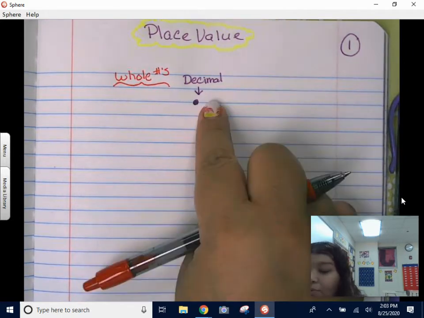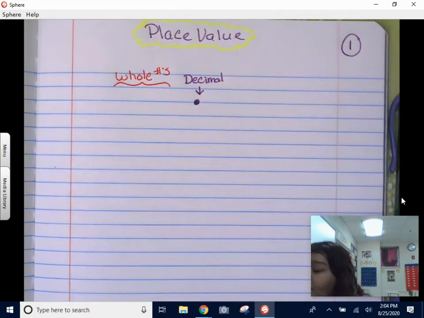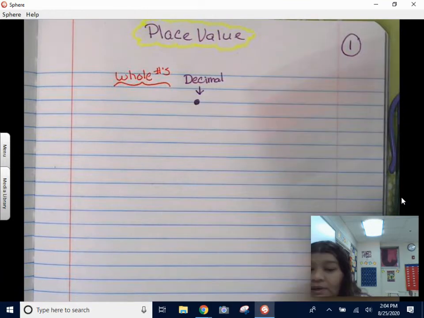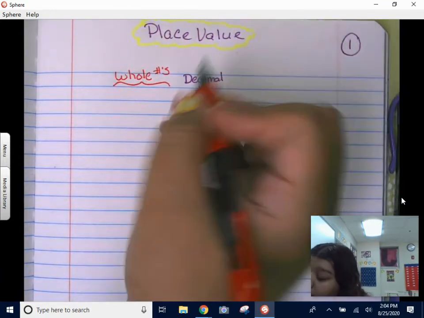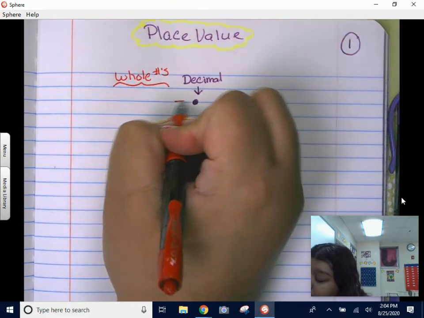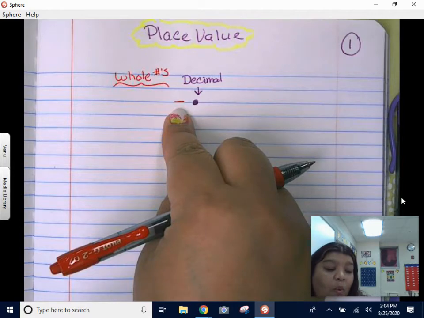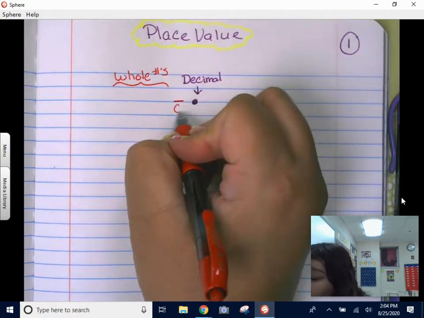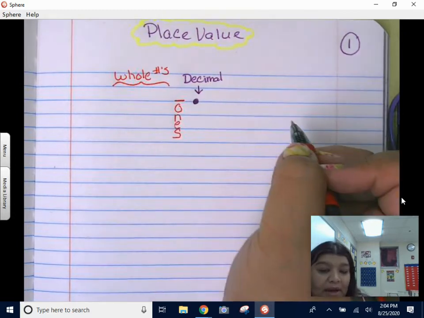To the right of the decimal, those are our decimals. Now, let's talk about the place values for the whole numbers, the ones you've learned since you were a little kid. The first place value right in front of the decimal is our ones place.